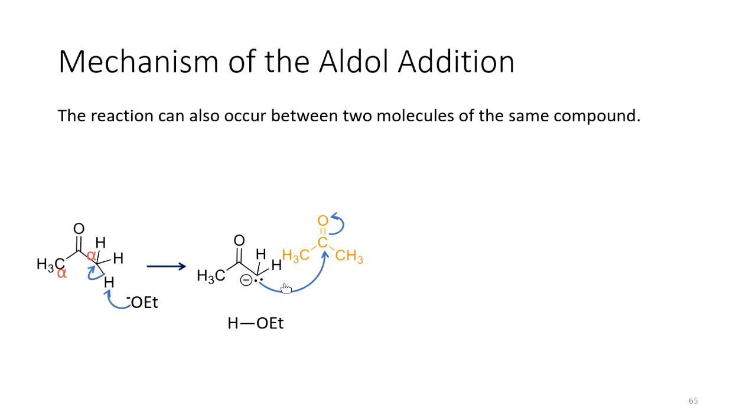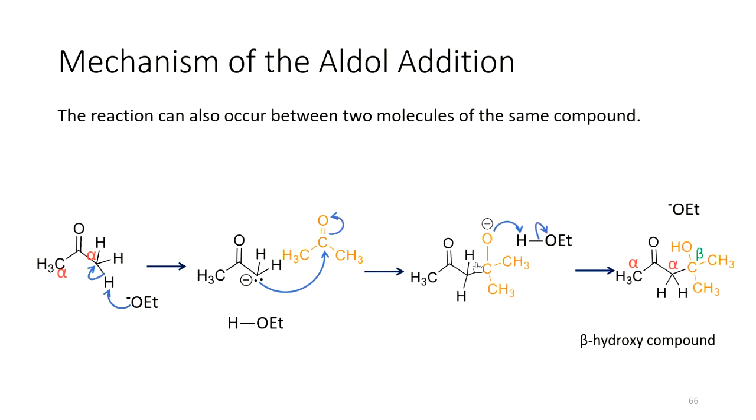And so our nucleophile is going to react with our electrophile. So it's still the same addition reaction. We're adding a nucleophile to this electrophile. We're forming a new carbon-carbon bond, and we're breaking an old bond, and our polarized bond breaks first. Our pair of electrons here is going to go onto the oxygen, and we form this negatively charged intermediate, which can then take a hydrogen from ethanol.